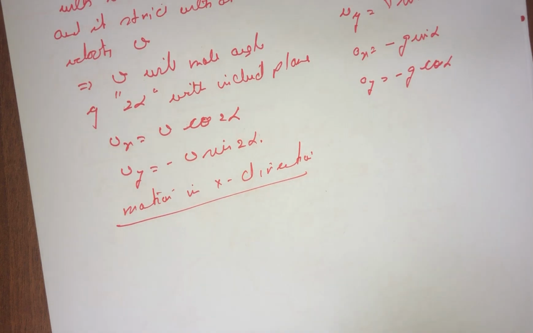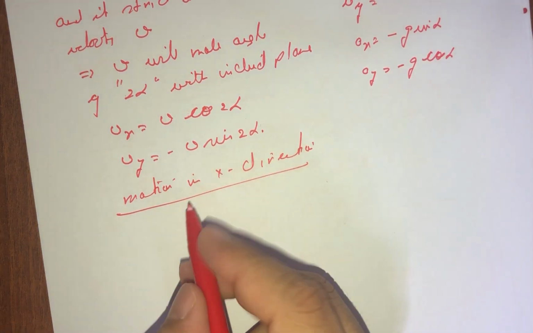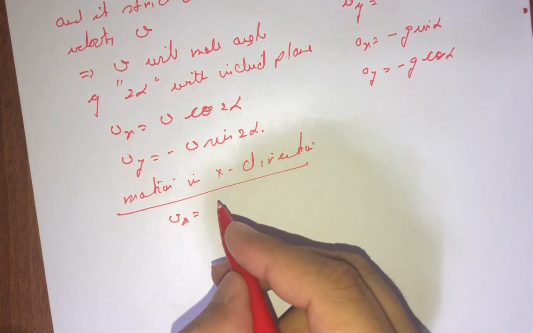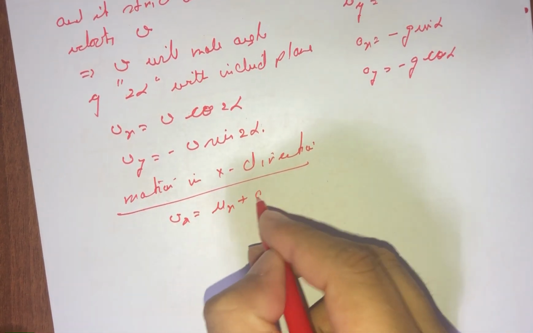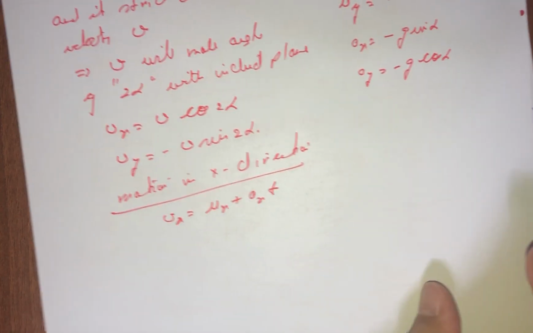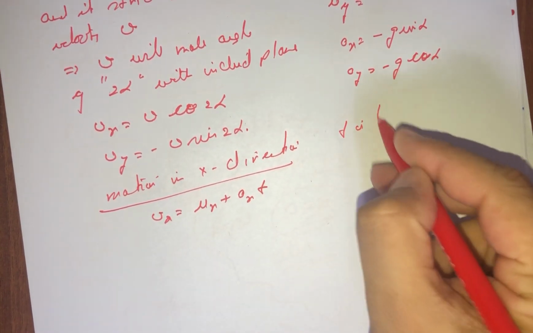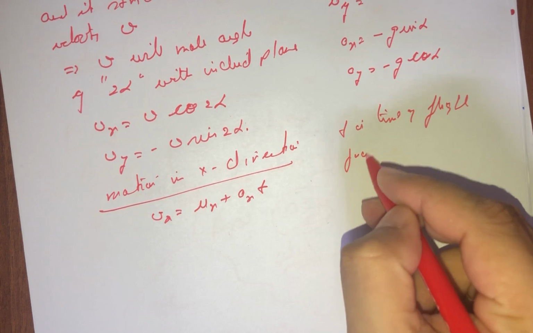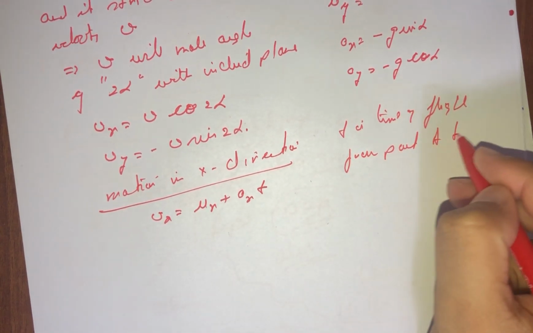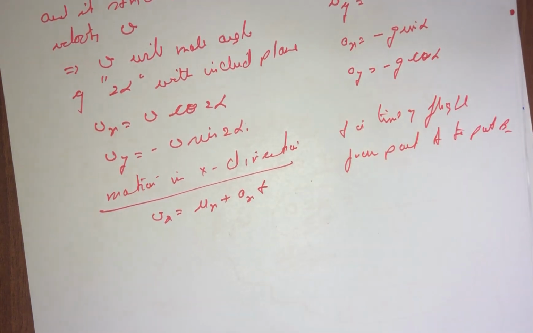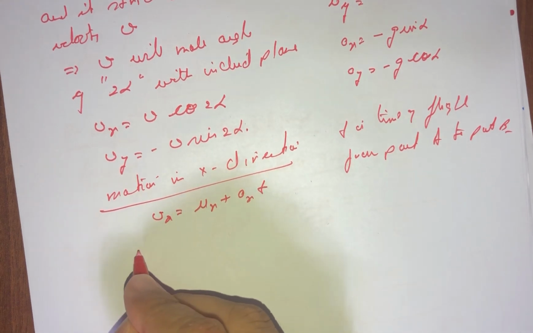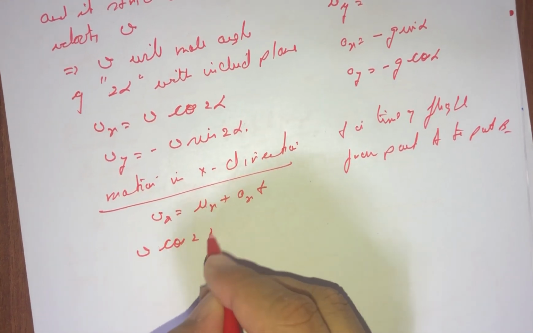We are going to find out what will be the final velocity in x direction at point B. So we can write this equation as final velocity Vx in x direction is equal to ux plus ax multiplied by t, where this t is the time of flight from point A to point B. We substitute the value of Vx, which is V cos 2 alpha.